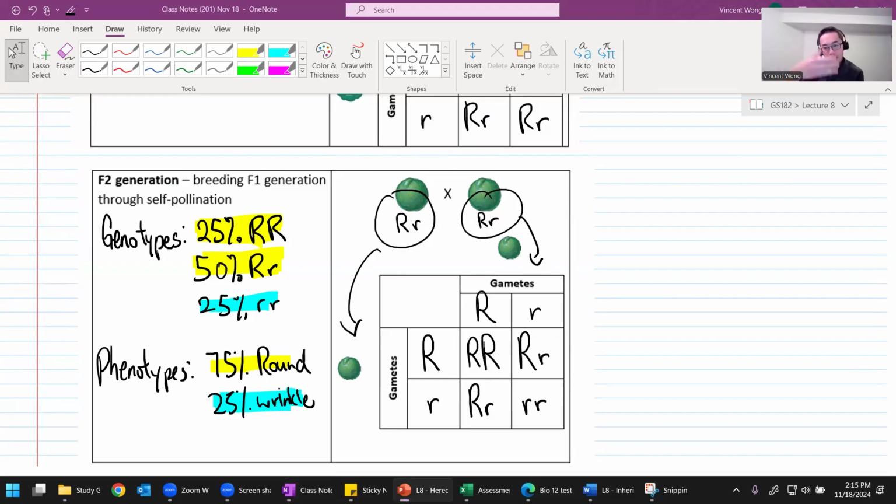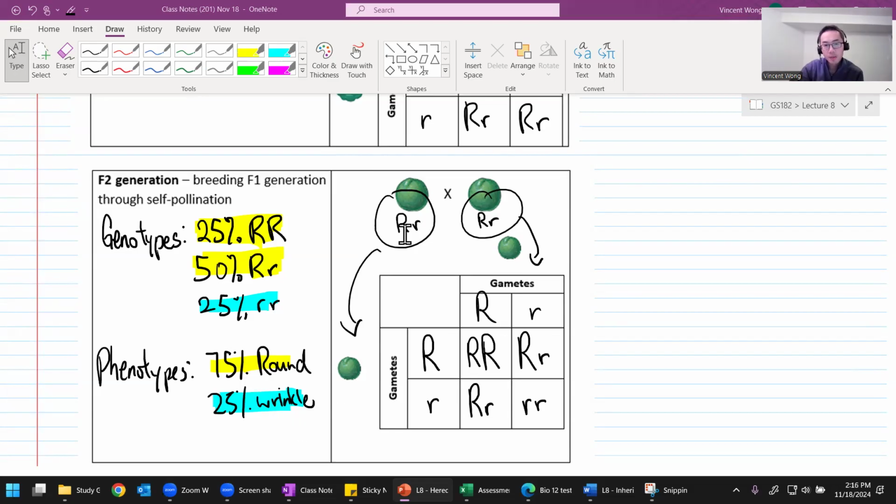Any question about the calculations? Well, we're not really calculating anything yet, but like, with the percentages and stuff like that. So that's what one of the students was asking me. If the parents are both round, then how is it possible that they can produce a wrinkle seed?